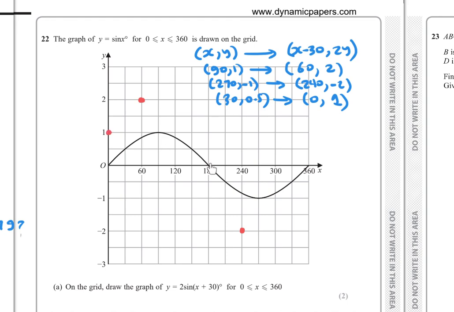Now for this point, 180 and 0 will be 150 and 0. And for this point, 360 and 0 will be 330 and 0. Now you can draw, so this is the graph for the new function.